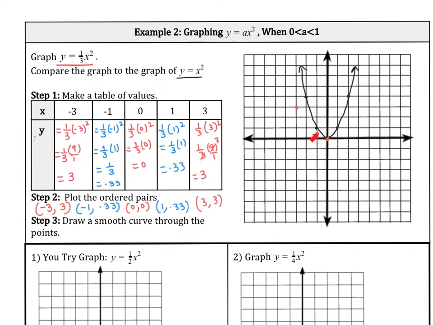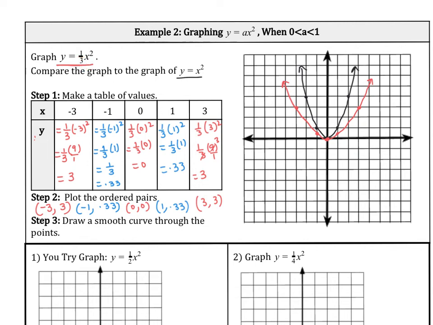So if this is one step, this is going to be one step. I just mirror this point right here. And if it is 1, 2, 3, 1, 2, 3, this is the next point. I don't even have to make the table for the full values. And then I'm going to make a smooth graph and connect these points to get a graph of y equals 1 over 3 x squared.